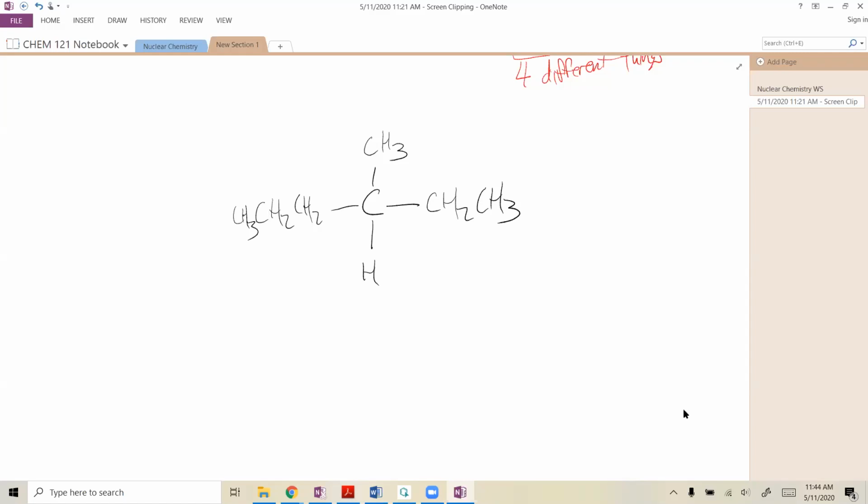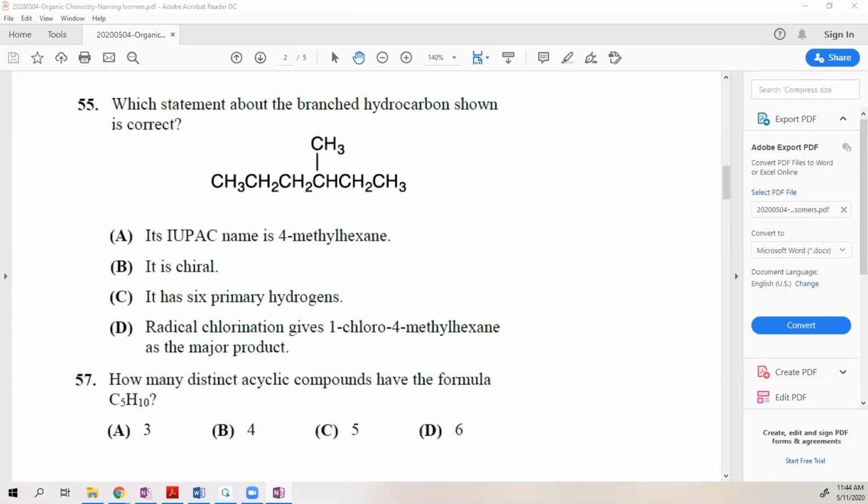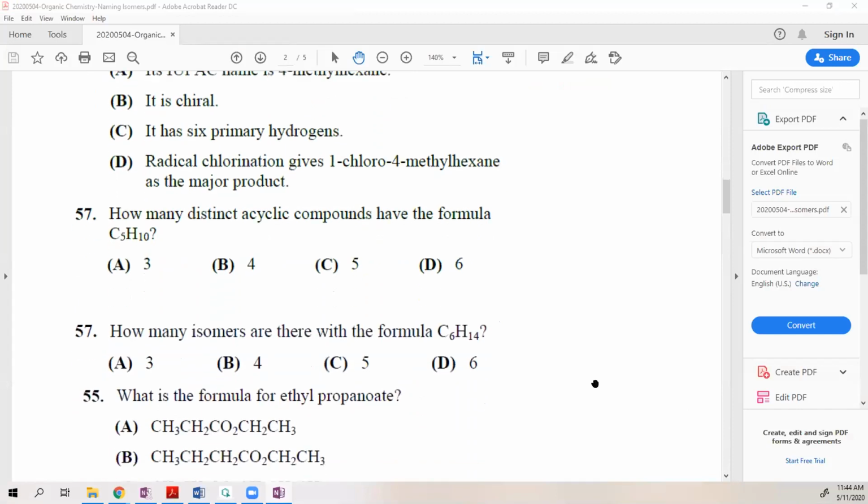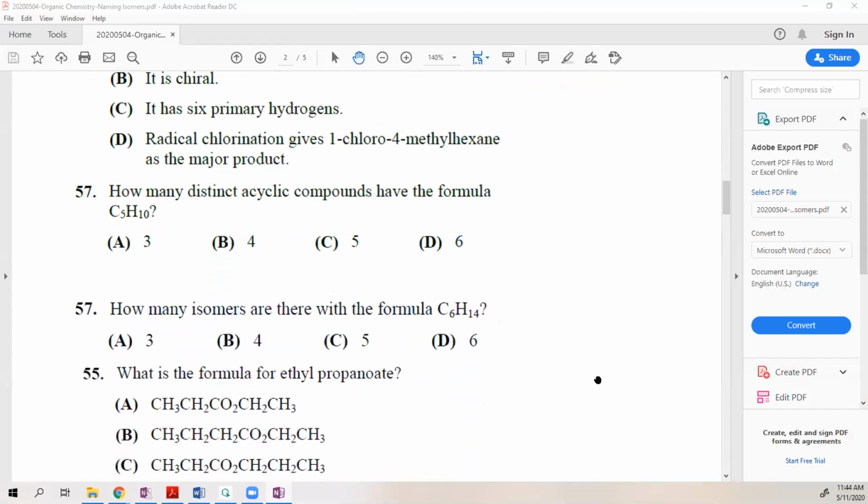Okay. We're going to try number 57. I'll go ahead and start the timer. Is that little box supposed to pop up? Oh, that's right. I should start my poll.